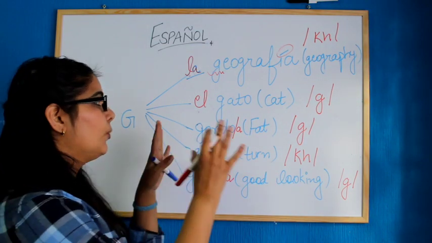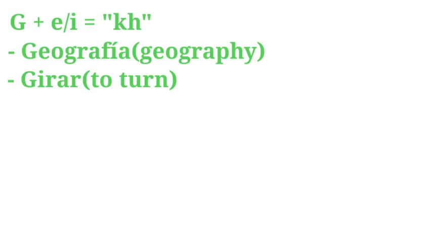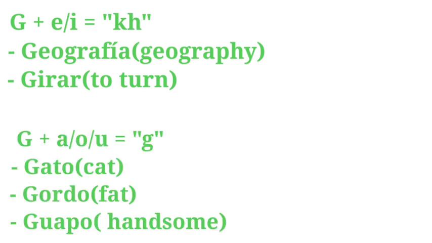Okay, so we can surely get to conclusion if it has la or la I, it gives the sound, and if it has a or o or u, it gives the sound.